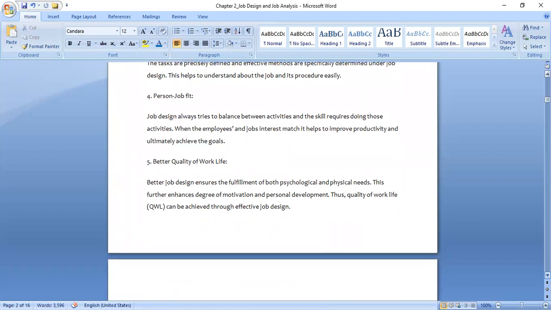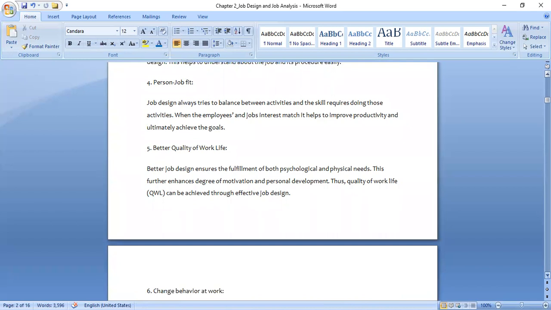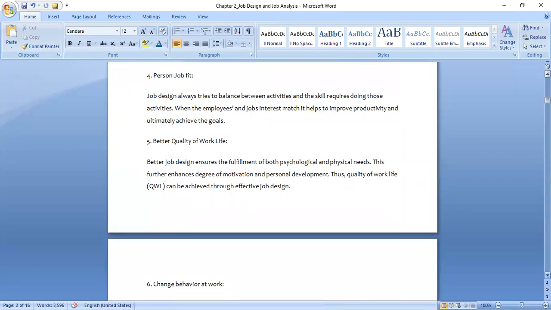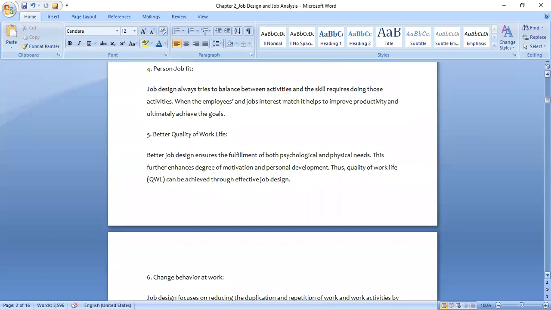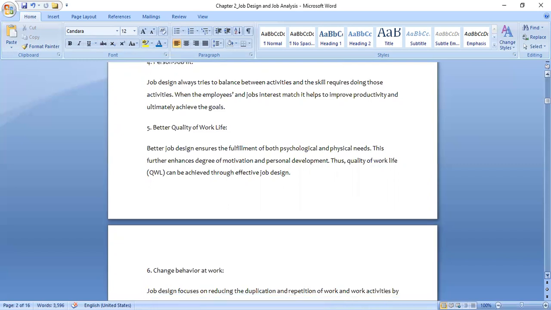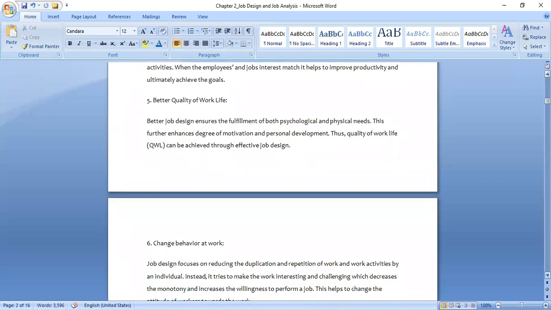Then job design also helps organizations to get the best employees that fit a particular kind of job, what we actually call person-job fit. So it helps the organization to get the right match for the job.